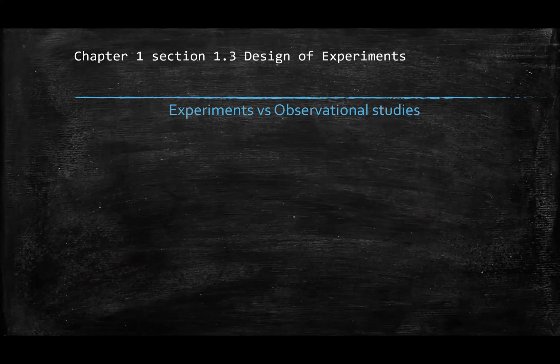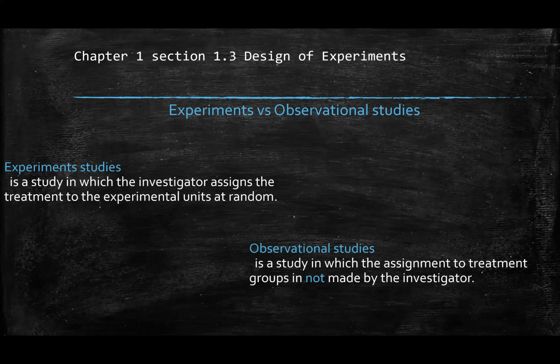And 1.3 is very short. I'm not going to spend a lot of time on 1.3, designing the experiment. The only thing I want to point out is the difference between an experimental study versus an observational study. An experimental study is basically where you are a tester, a conductor, and you give your subject something to either increase or decrease their ability.